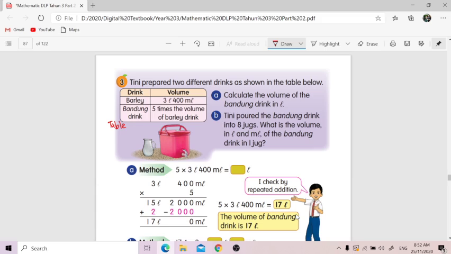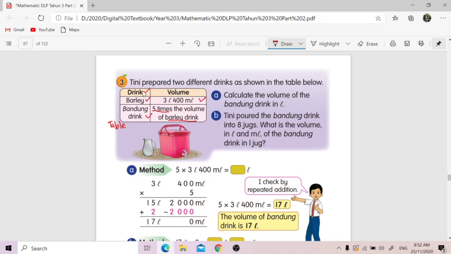So drink ada ni tajuk dia, drink and volume. So drink ni jenis minuman. Bali, Bandung drink. Okay, so Bali volume dia atau isi padu dia 3 liter 400 ml. Bandung 5 times. Okay. Underline the word 5 times.